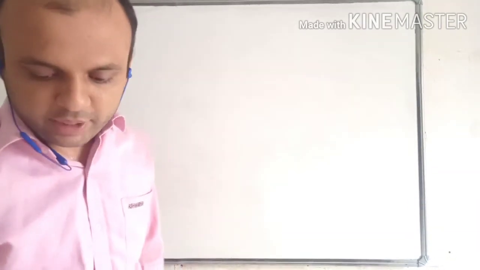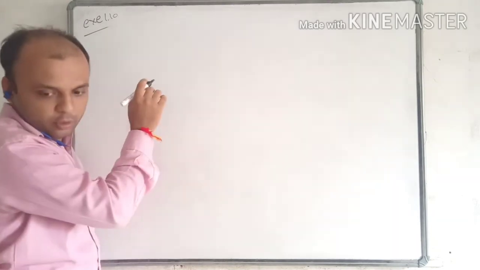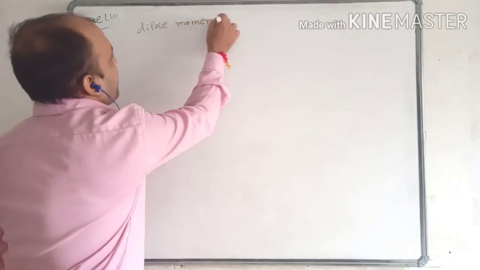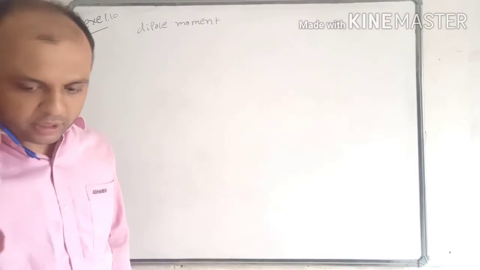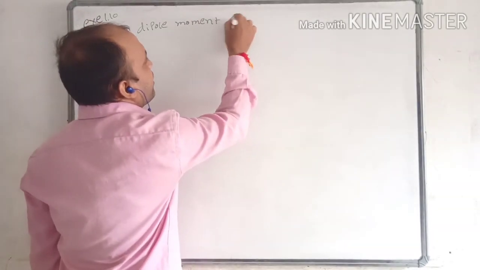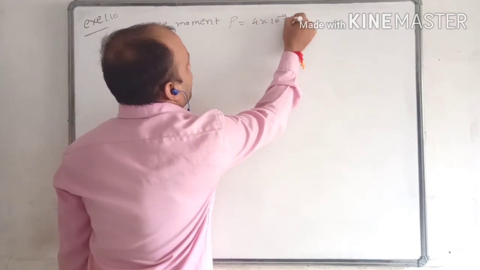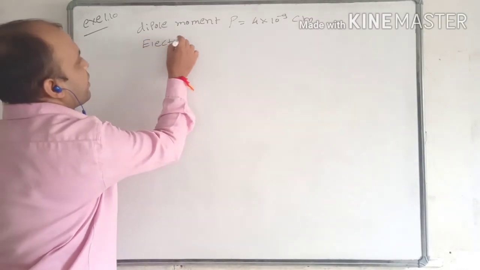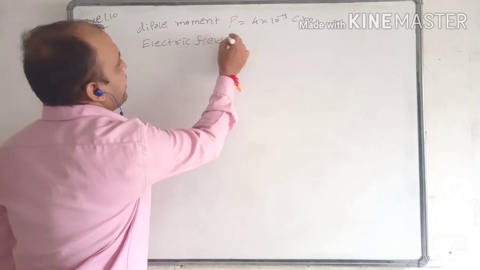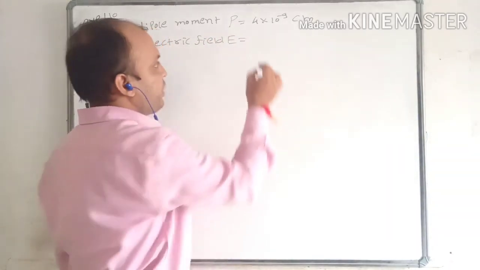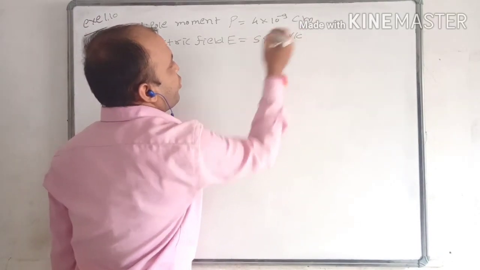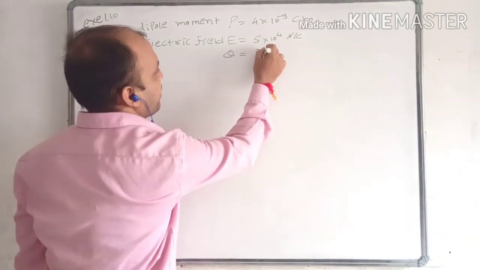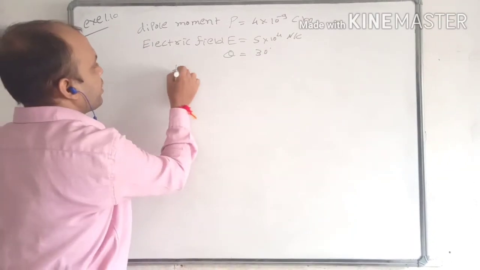In exercise 1.10, they give us a value for the dipole moment, and that is 4 into 10 raised to minus 9 coulomb meter. The electric field E is 5 into 10 raised to 4 Newton per coulomb, and the angle between them, theta, is 30 degrees, and you have to find the torque.